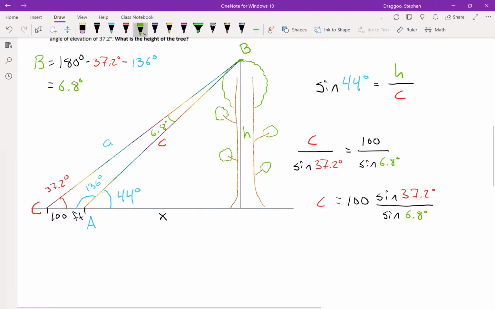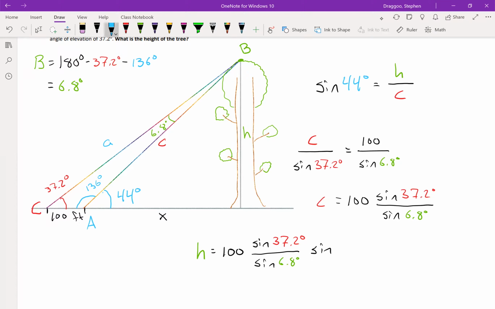And then I will take that value for C and substitute it into the equation that we had earlier for H. So that H should be 100 times the sine of 37.2 degrees divided by the sine of 6.8 degrees, and then all of that should be multiplied by the sine of 44 degrees.